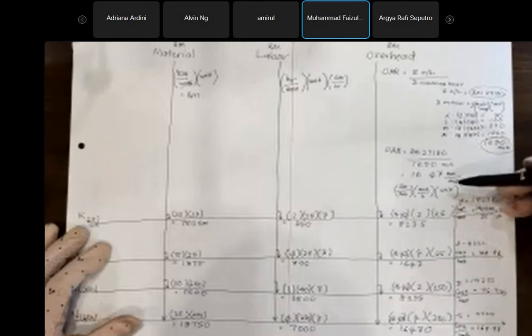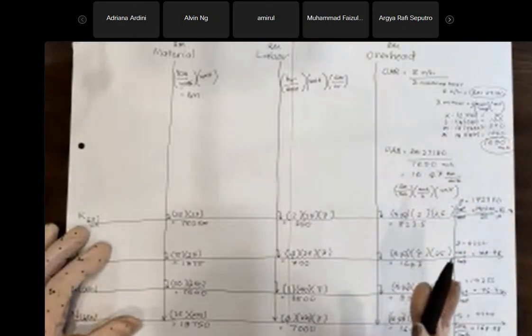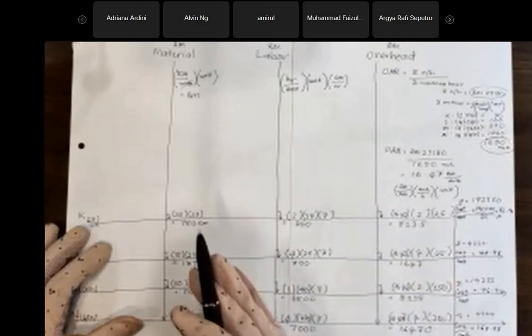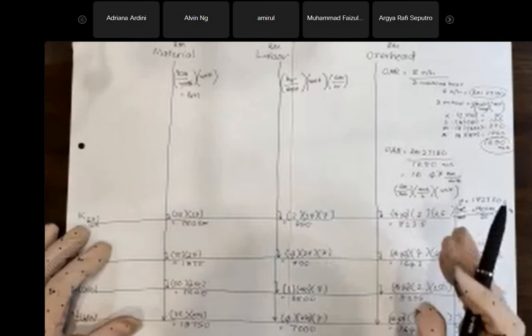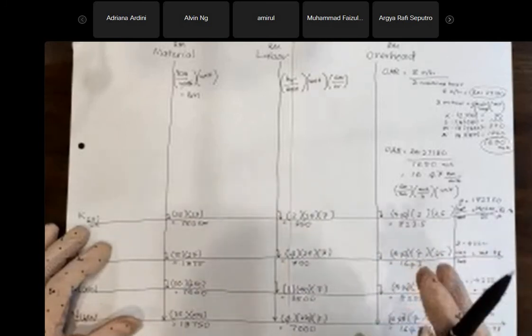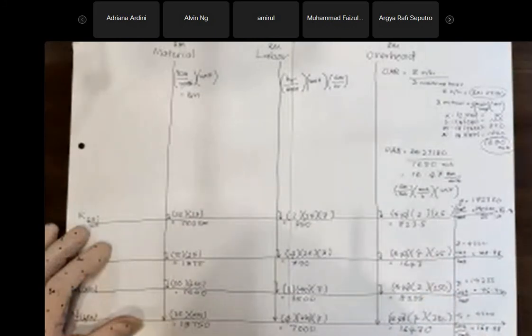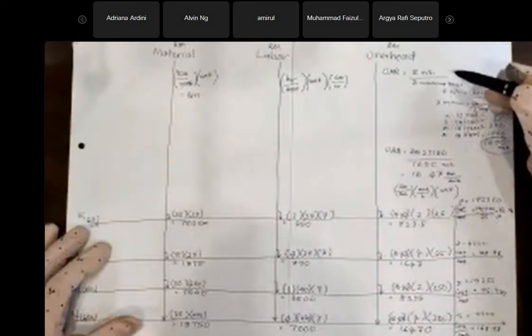Dia punya konsep is only to get RM. To get RM, you have to distribute the material to the product, labor to the product, and overhead also to the product. But for the overhead, we have one more process before you get to distribute, that is OAR. So OAR ni dia punya challenging.